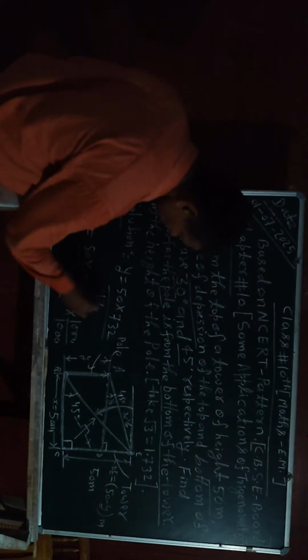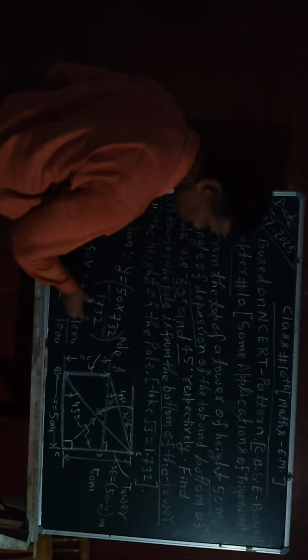Now I am writing y is equal to 50 into 732, because multiplying by 1000 will cancel out this decimal point, and divided by 1732. So this will be in meter.